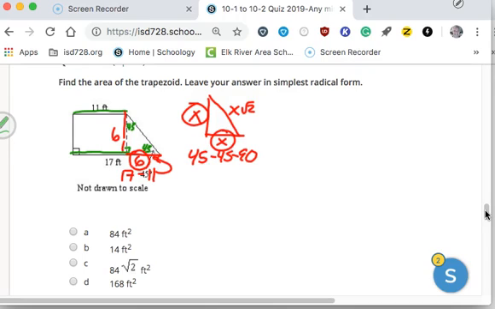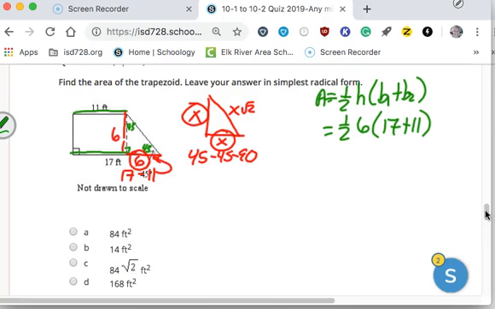So now I've got a trapezoid. Area is equal to 1/2 height, base 1 plus base 2, in the order you normally see the formula. My height is 6, my base 1 is 17, my base 2 is 11.